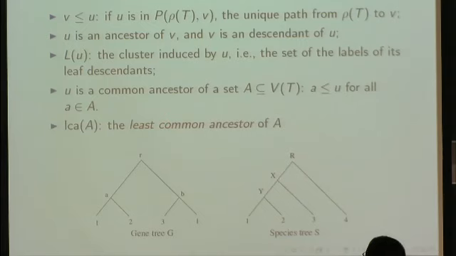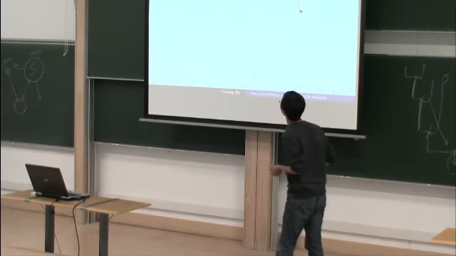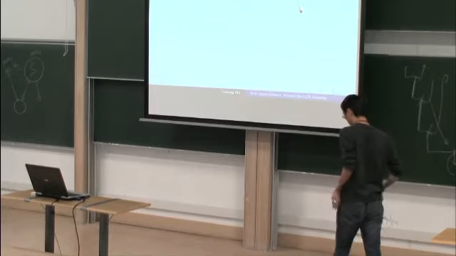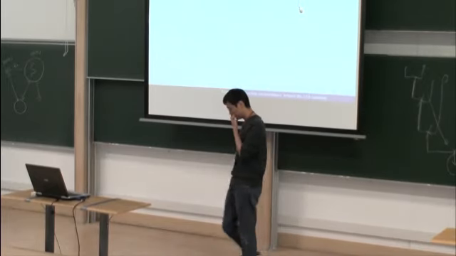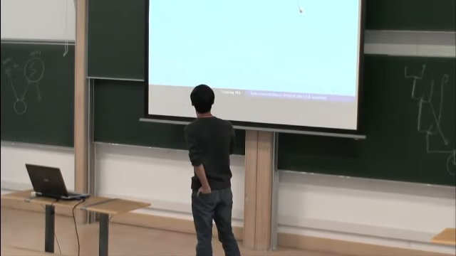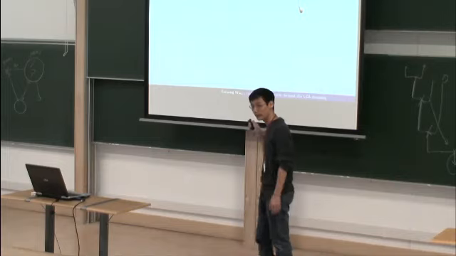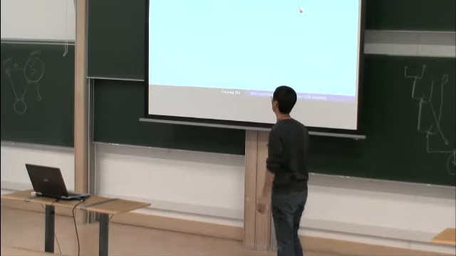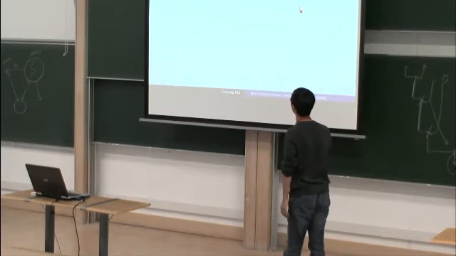For example, if L(x) is 1, 2, 3, as simple as this. Then we have common ancestor and least common ancestor in the classical way. And now the reconciliation is just a map between the vertices of the gene tree and the vertices of the species tree, which is first of all order preserving.